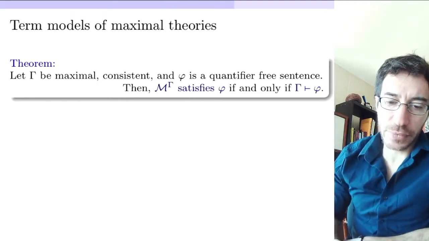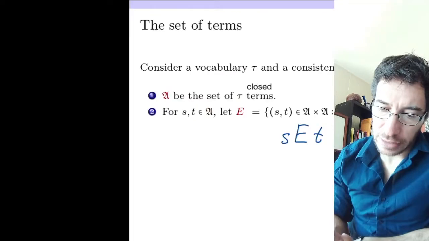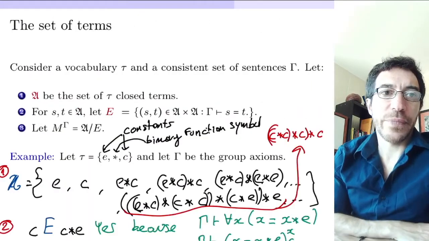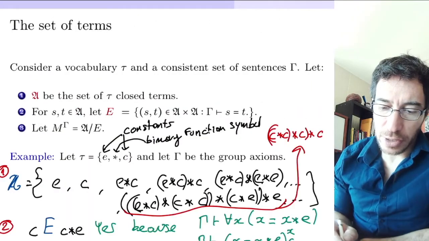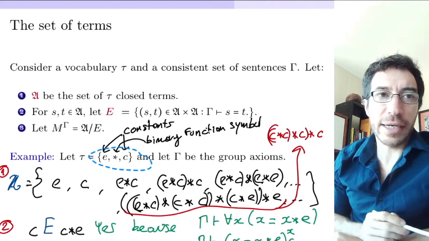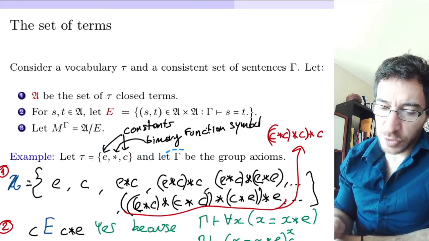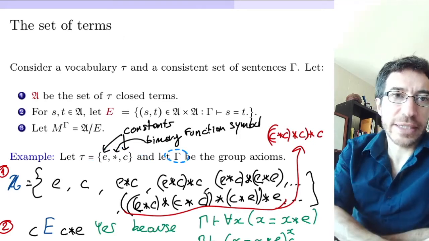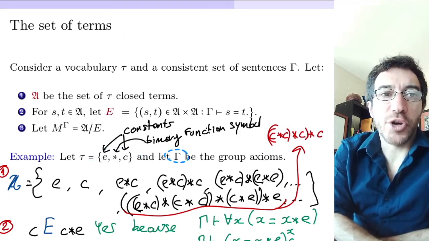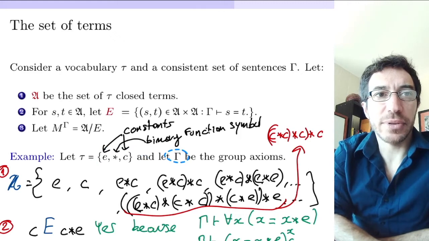So we saw in the examples at the very beginning, for instance here, that on this vocabulary with identity, an operation, and a constant symbol, if we take the group axioms, we get something that is called a monoid. It's close to being a group.